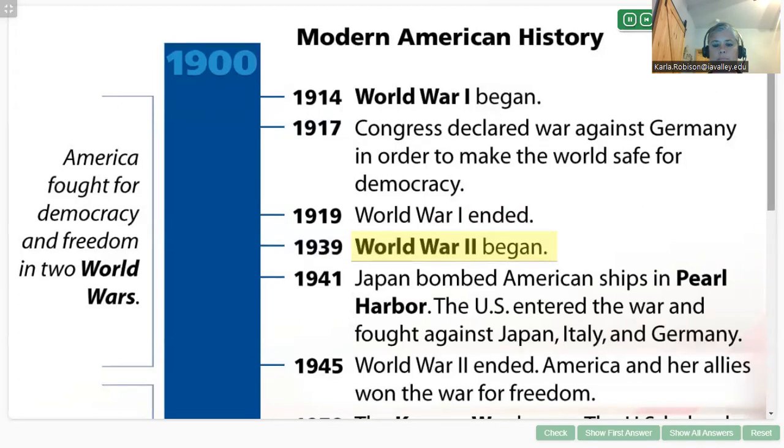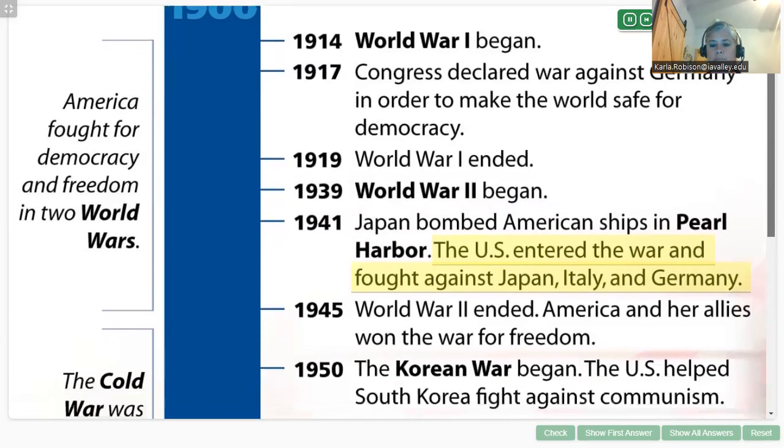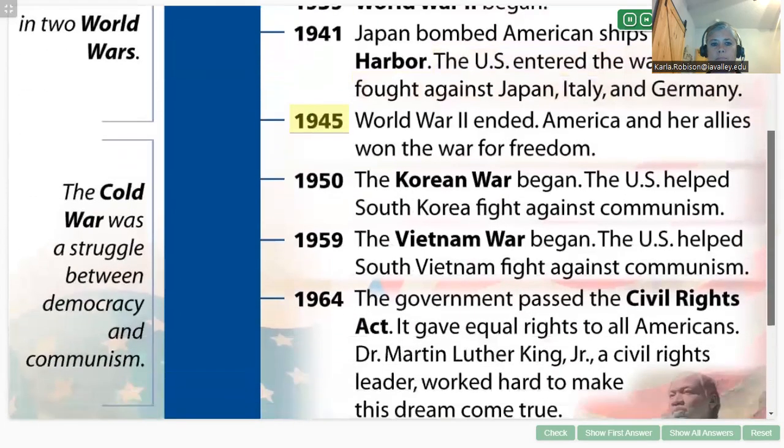World War II began. 1941. Japan bombed American ships in Pearl Harbor. The U.S. entered the war and fought against Japan, Italy, and Germany. 1945. World War II ended. America and her allies won the war for freedom. The Cold War was a struggle between democracy and communism.